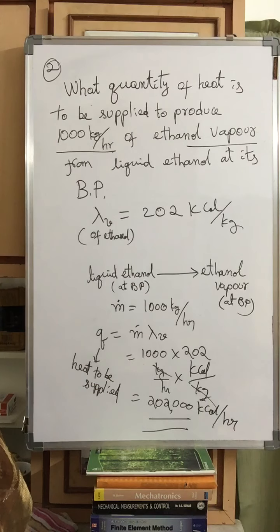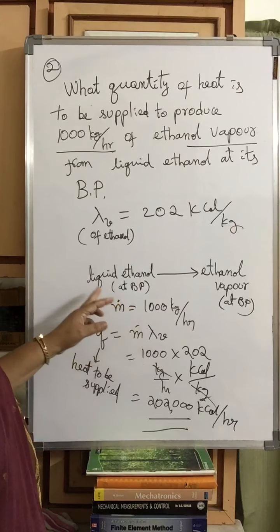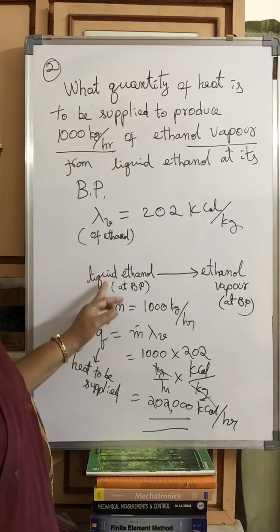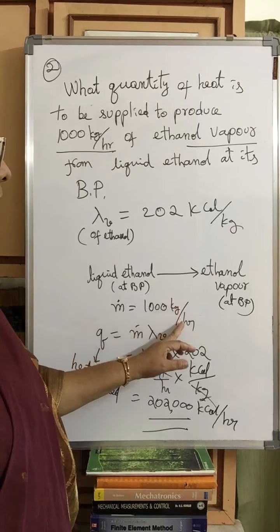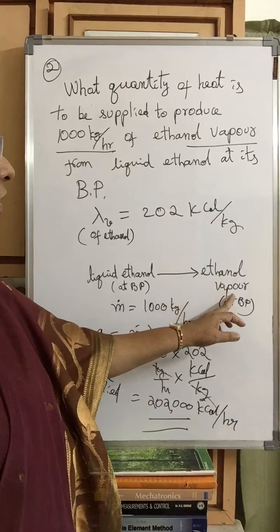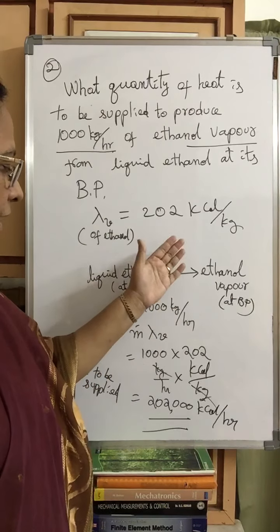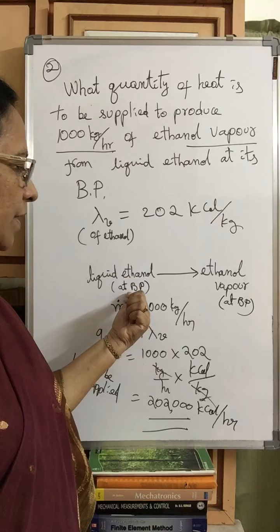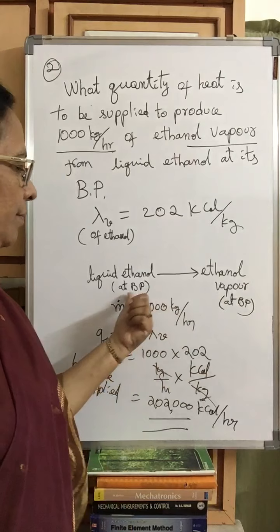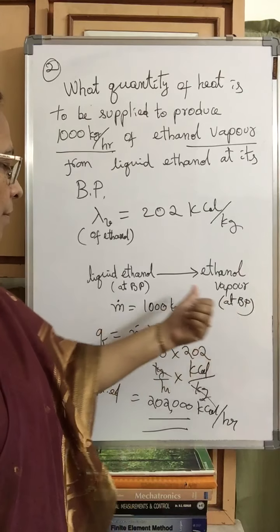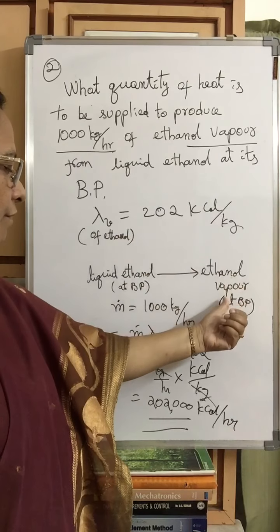So in this problem we understood very clearly that in order to convert liquid ethanol of 1000 kg per hour into ethanol vapor, a certain quantity of heat is to be supplied. Initially it is at boiling point and finally also at boiling point, so the temperature is not changing but the phase is changing from liquid phase to vapor phase.